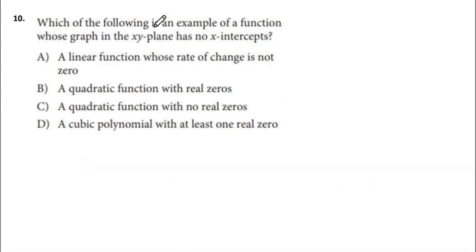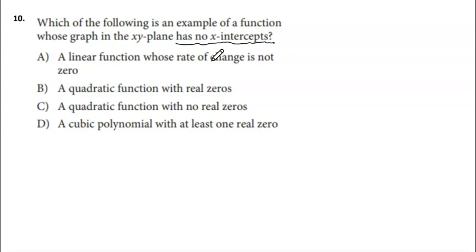Okay, so let's move on to question number 10. All right, so here we've been given: which of the following is an example of a function whose graph in the xy plane has no x-intercepts? X-intercept means it should cross the x-axis. If it has no x-intercept, it means it's staying either above or below the x-axis. Okay, so A: linear functions whose rate of change is not 0.